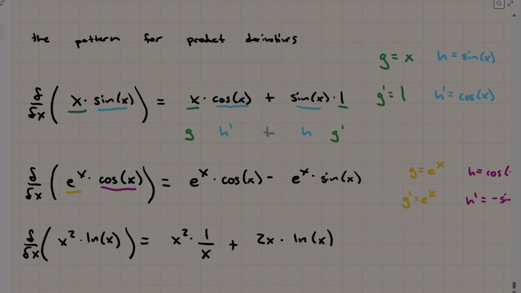Then what we get is that the derivative of g times h is going to be, this one, I guess we would call it g prime times h plus g times h prime. Right, and I underlined that it's not supposed to be equals, but trying to emphasize that negative sine x is our h prime.